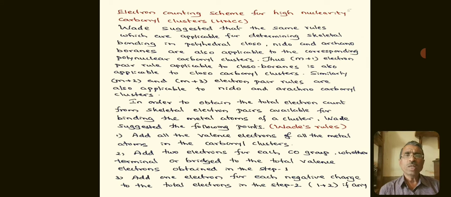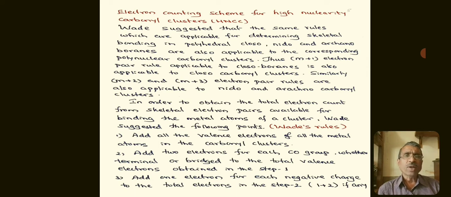The first rule states: add all the valence electrons of all the metal atoms in the carbonyl cluster. The second: add 2 electrons for each carbonyl group, whether terminal or bridged, to the total valence electrons obtained in step 1.